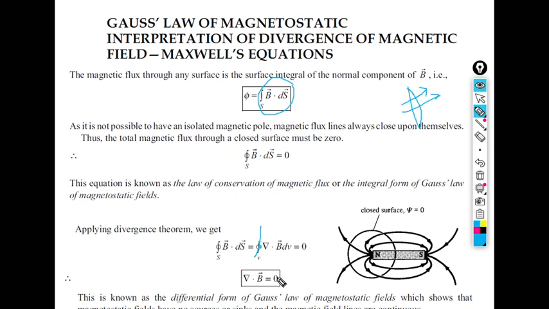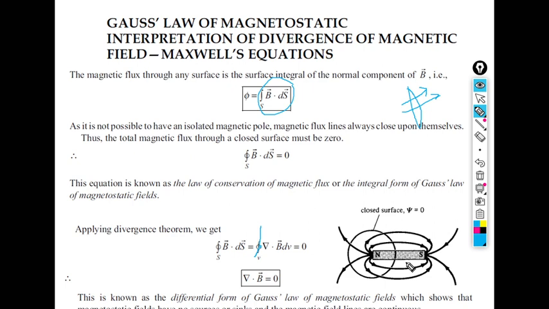So this is the differential form of Gauss law of magnetostatic field, which shows that the magnetostatic field has no source. The magnetic field lines are continuous, there is no discontinuity. That means it enters here, leaves here, and enters at this point, so there is no source. Also we can say that the magnetic field is not conservative. So this is one Maxwell's equation.